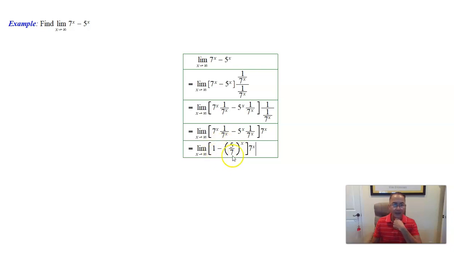This factor is getting closer and closer to 1, but this factor is getting bigger and bigger. So 1 times a big number is still a big number, right? So that limit is going to be positive infinity. You can of course just write it as infinity, or you can emphasize by saying positive infinity.